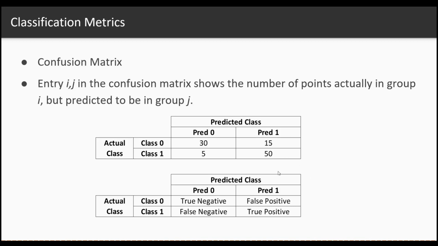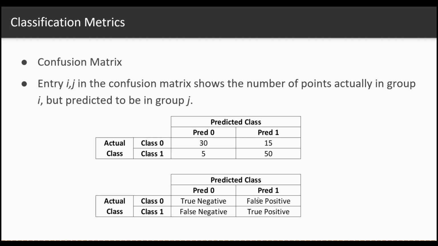So if my actuals are on the rows and the predictions are on the columns, when both agree on the negative class, this is called a true negative. When both agree on the positive class, it's called a true positive. When you predict positive but in actual it is a negative class, this place here, that's a false positive.